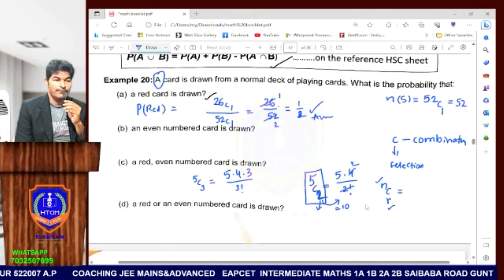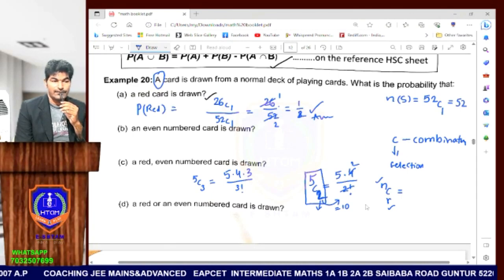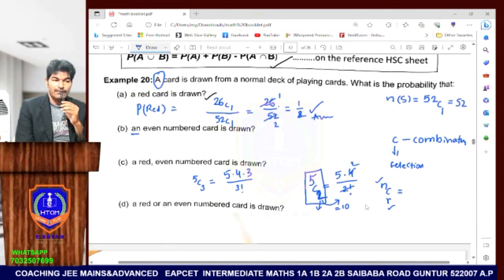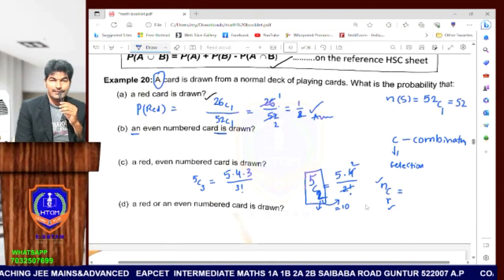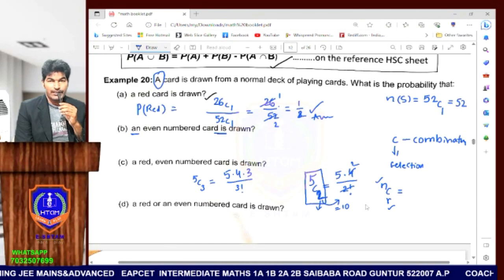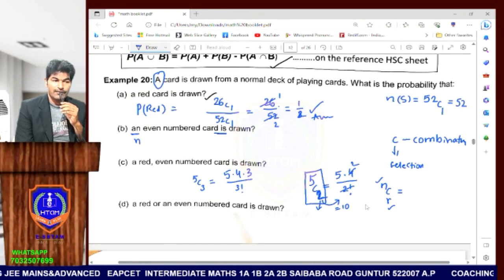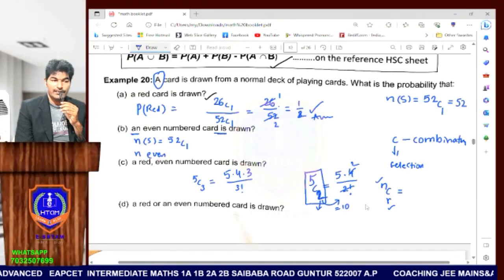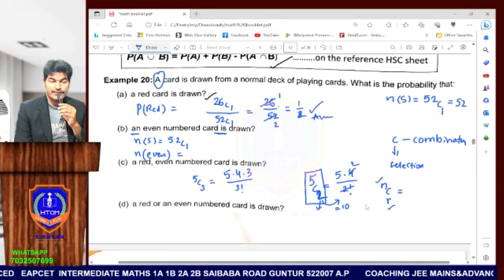Next, an even number card is drawn. He is not mentioning any colors or anything. An even number card is not plural; he is mentioning singular only. That means only one card is drawn. So n of S, the sample space, is 52C1 again. And n of even number card will be how many even numbers exist?